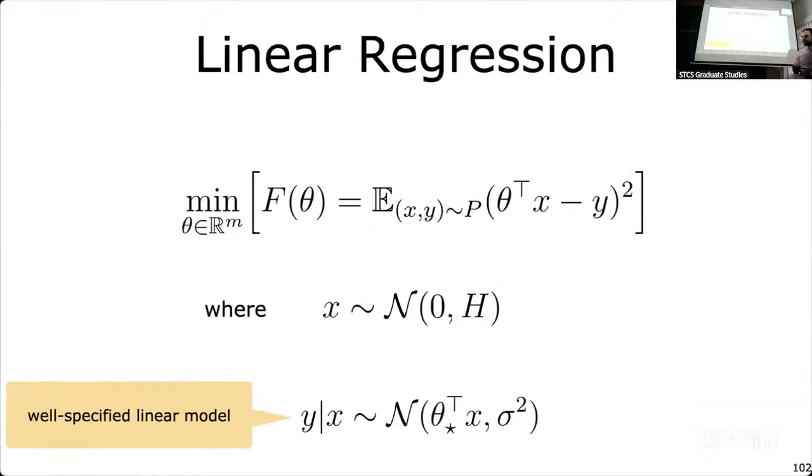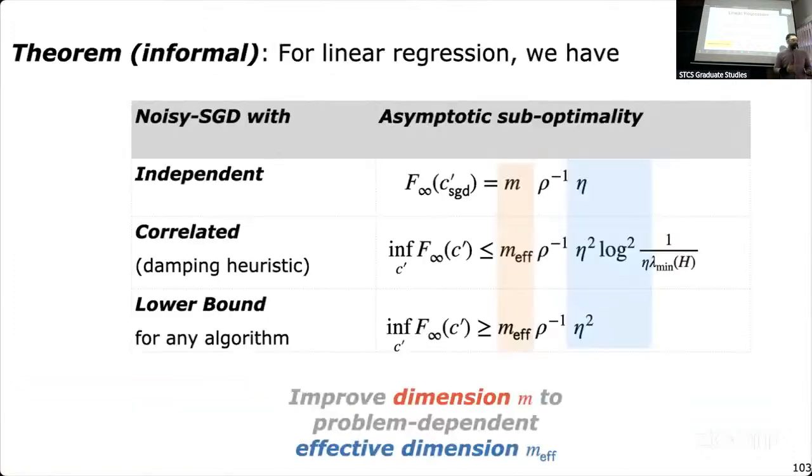Okay, so a very simple linear regression problem. Our inputs are zero mean Gaussian with covariance H, full rank. Our linear model is well specified. In this case, what we show is that for independent noise, which corresponds to taking that C matrix to be identity, the asymptotic suboptimality scales with the dimension M of the problem.